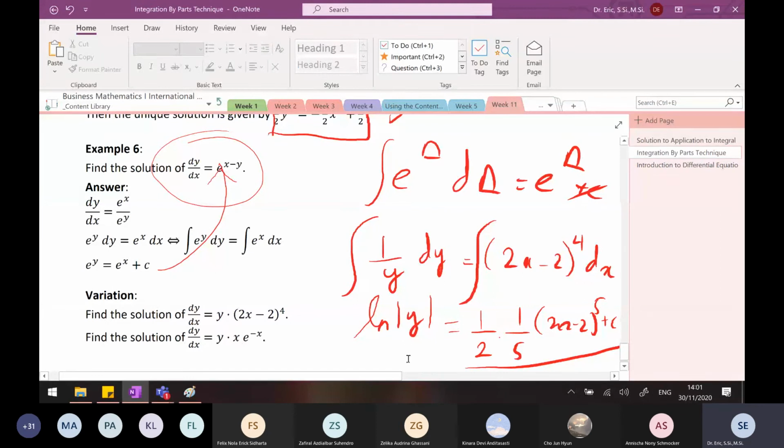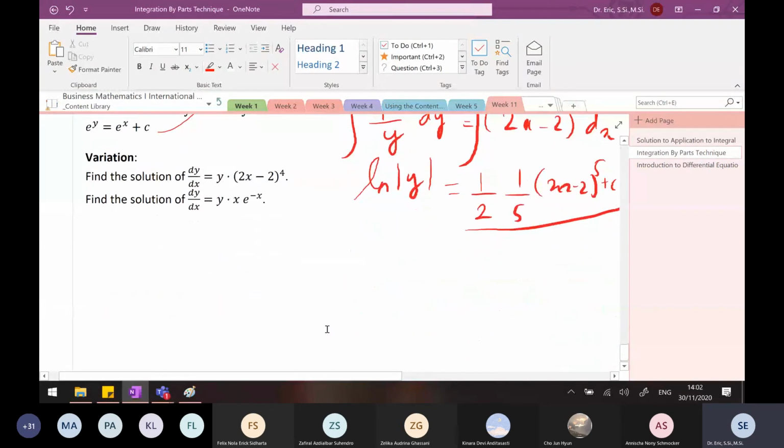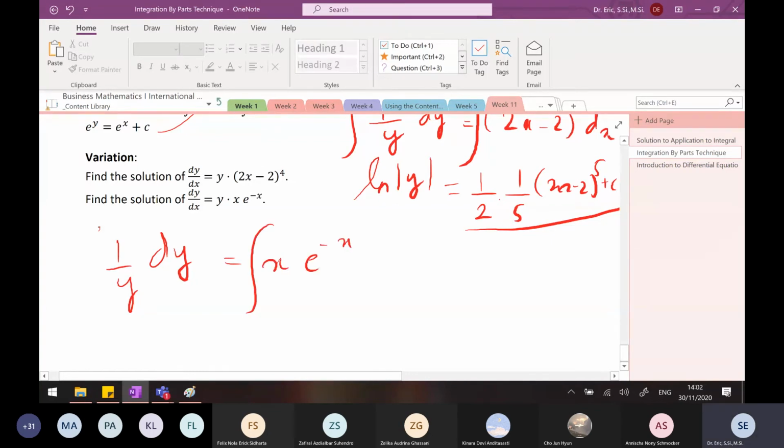Okay. What about the last one? The last one, I'll give you a clue. So I can multiply it, separate the variable dy, and what about x? And you integrate this, and you will have ln y here, sorry. But for this one, you have to use the integration by parts technique.